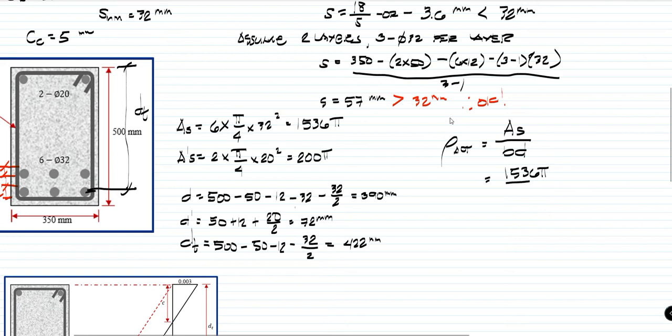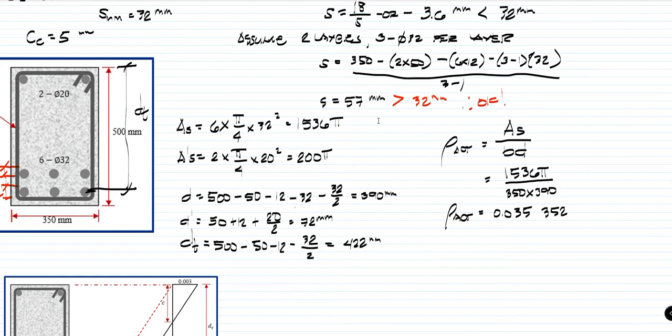That will be divided by b, which is 350, times the effective depth, which is 390. So our rho actual will be equivalent to a value of 0.035352. So this is now our actual steel ratio.